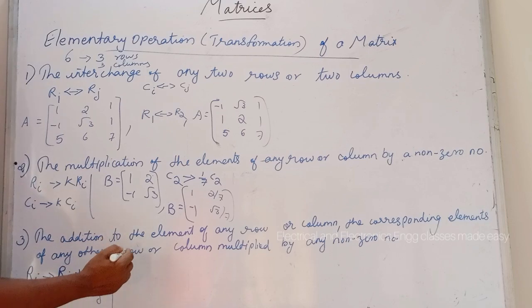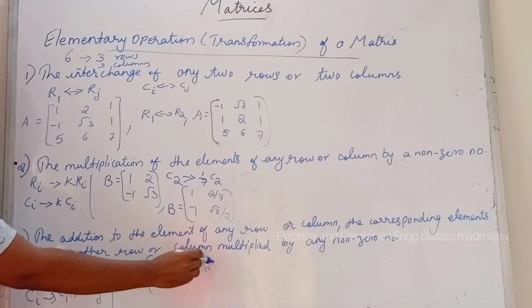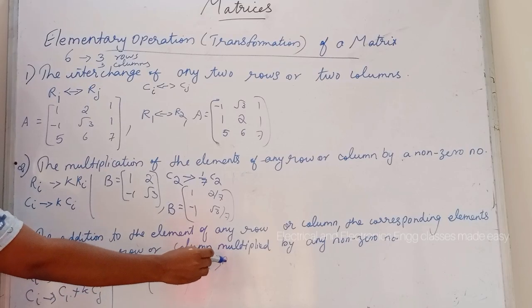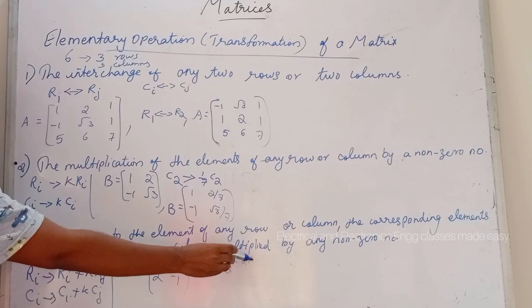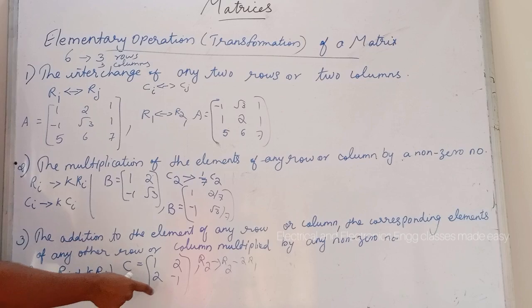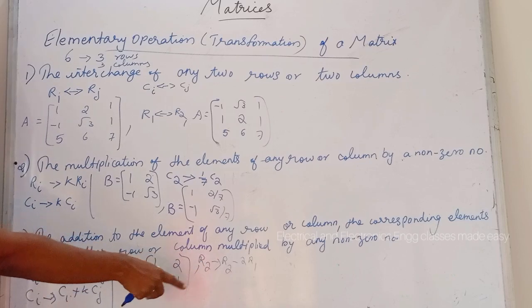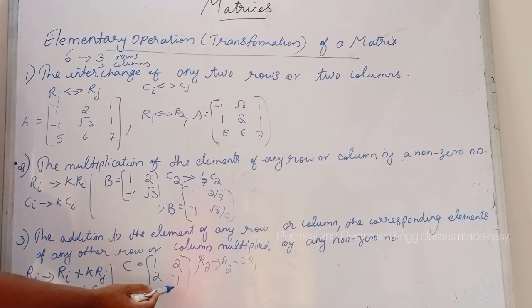So, for example, let C is equal to 1, 2, then 2, minus 1. Then if we want R2 implies R2 minus 2R1. So here both the addition or subtraction can be done. If we want R2 implies R2 minus 2R1, then what will we get?